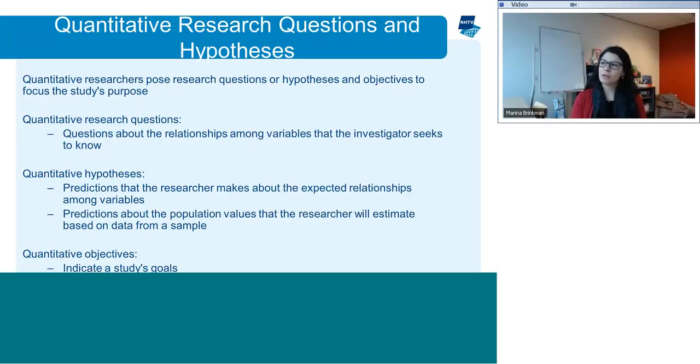Meaning, if you really want to find out how, for instance, operational excellence influences the level of satisfaction, and you aim to be able to predict exactly, for instance, which speed of a process influences negatively or positively the level of guest satisfaction, then you will have to run a quantitative type of research if that's what you aim to do. So you need to remember that predicting is actually key in quantitative research.